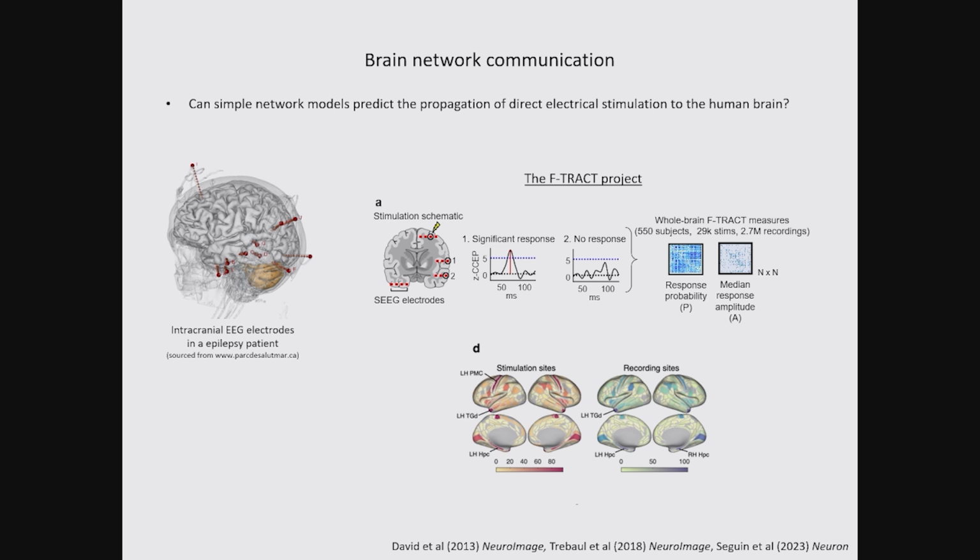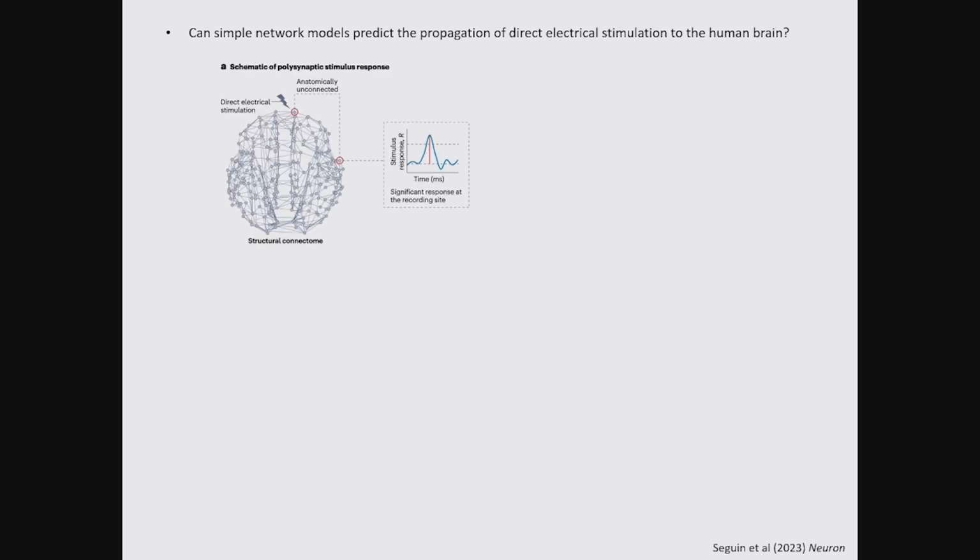Or if I stimulate region A and I do observe a response in region B, what is the median amplitude of this response? This is what I'm going to focus on, the amplitude. By leveraging both inter- and intra-patient variability in electrode position, they got really good spatial coverage of the brain. So can we predict this signal propagation using simple models of network communication?